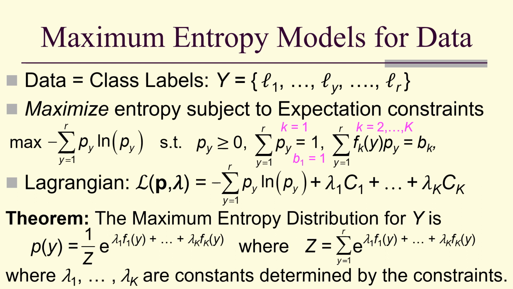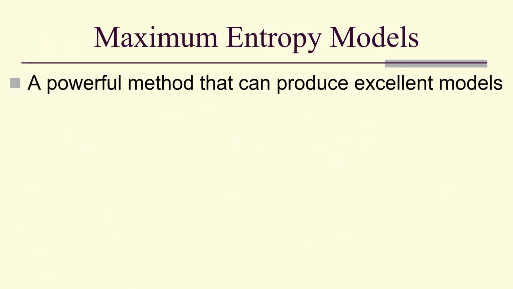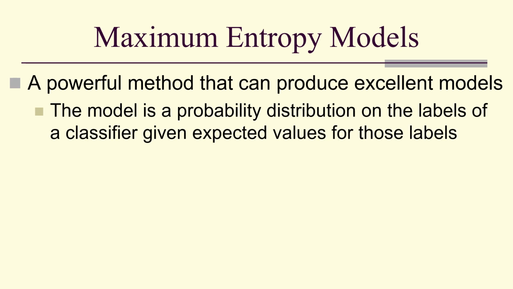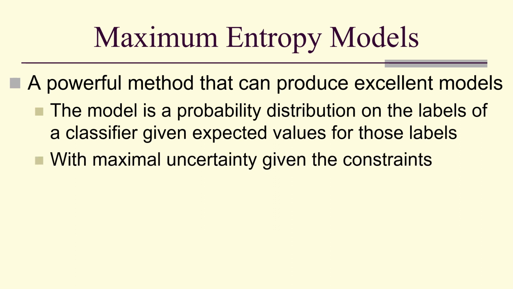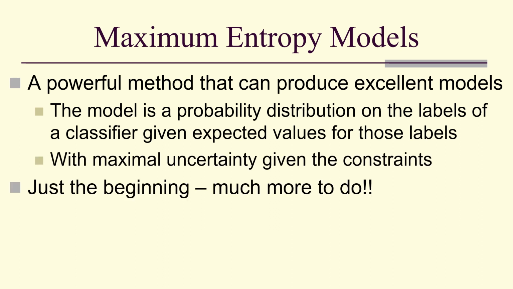That was all that straightforward calculation we were doing to figure out what these lambdas were and what to actually put in there. So maximum entropy models, powerful method, produces excellent results. The model is a probability distribution on the labels of a classifier with maximal uncertainty given the constraints.